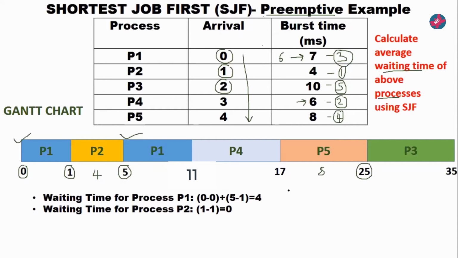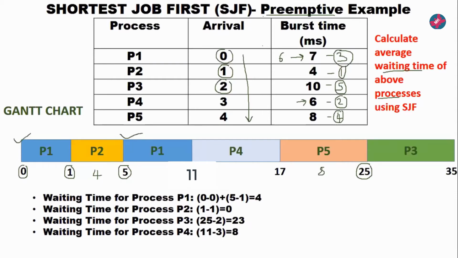So the answer will be 25 minus 2 is equal to 23. Then next P4, here it got the CPU at 11, right? And it entered at 3. The waiting time is 11 minus 3 is equal to 8.